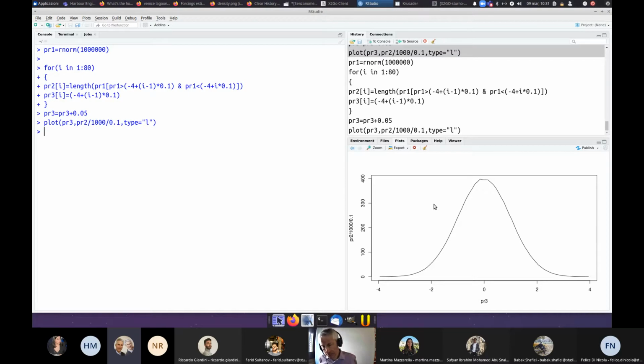Okay, now I think actually here there is something that is not good in the graph. There is a mistake here. And what is the mistake? The mistake is that the area below the probability density curve should be 1.